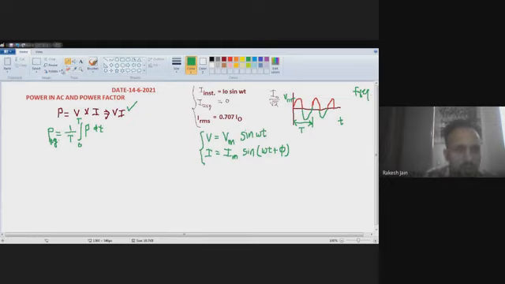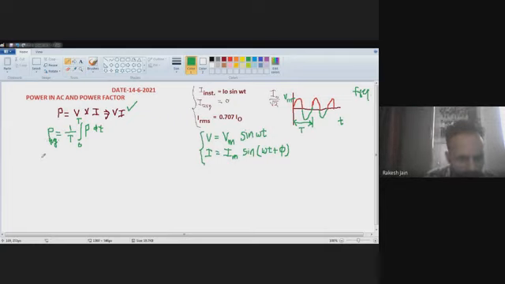So here I choose voltage as Vm sine of omega t and current as Im sine of omega t plus phi, where phi is the phase difference between voltage and current. You can also use minus phi, or use a phase in both, for example voltage Vm sine of omega t plus phi 1 and current Im sine of omega t plus phi 2. Any one you can choose, but the final derivation will give the same answer.